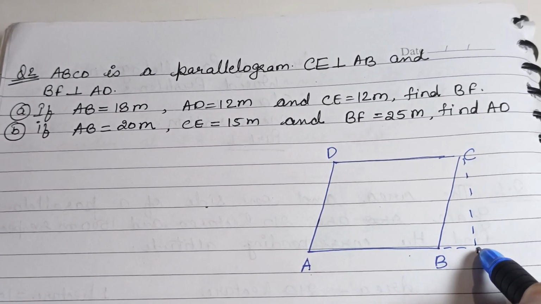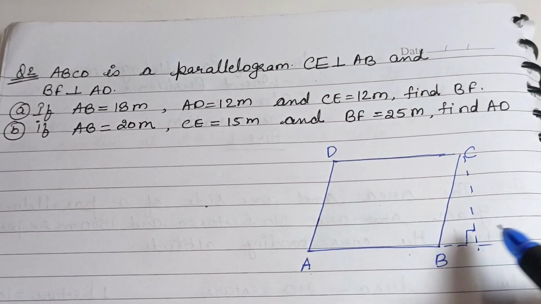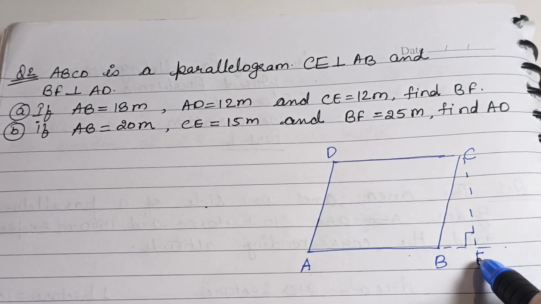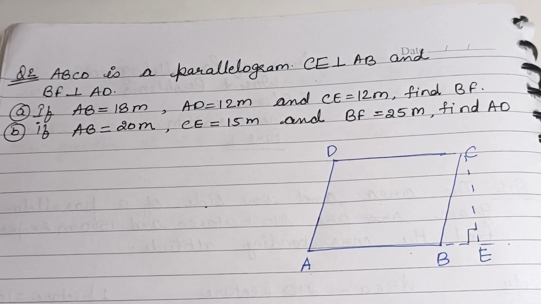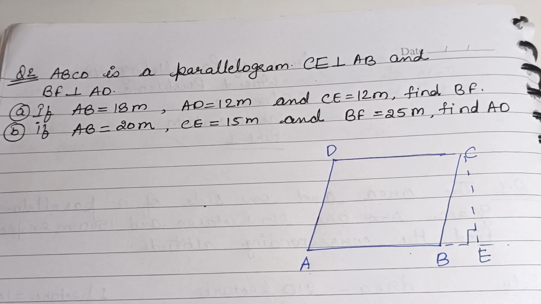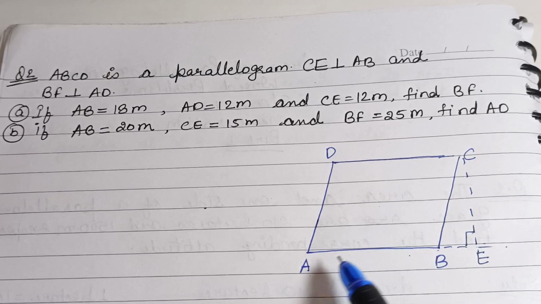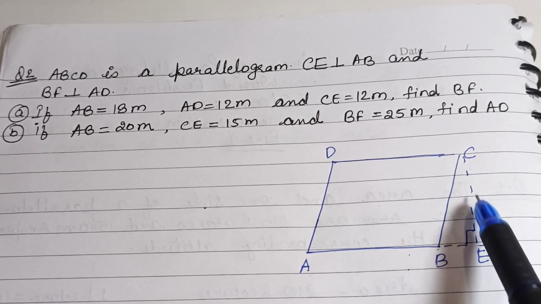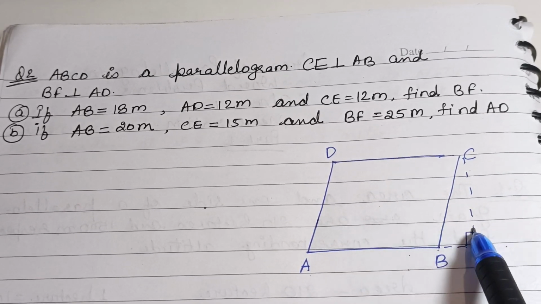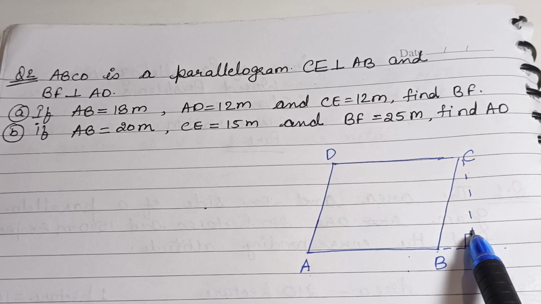That is your perpendicular. As it is making 90 degrees, it will come here. So CE is perpendicular. Now just mind one thing: if AB is the base and CE is the perpendicular, by multiplying this base and this perpendicular, you will be able to find the area.